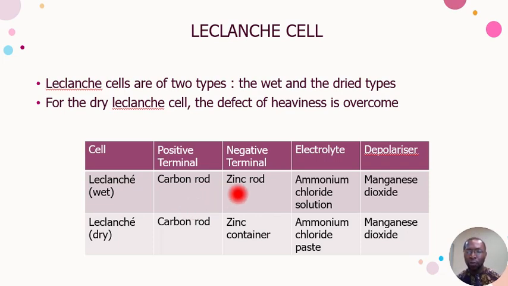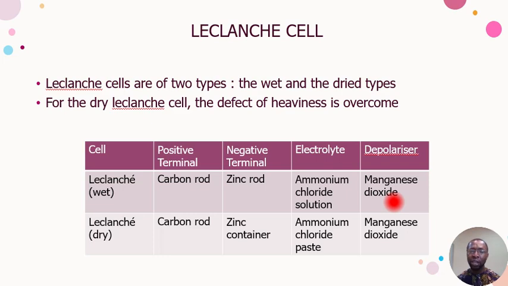But for the negative electrode, the wet Leclanché cell has a zinc rod, but the dry one makes use of a zinc container. That's the difference there. And when it comes to the electrolyte, it is the same, ammonium chloride solution. The same thing with the depolarizer, they have manganese dioxide as their depolarizer.